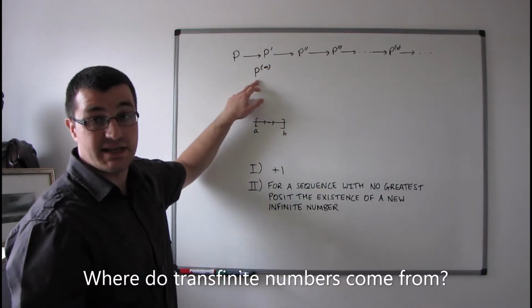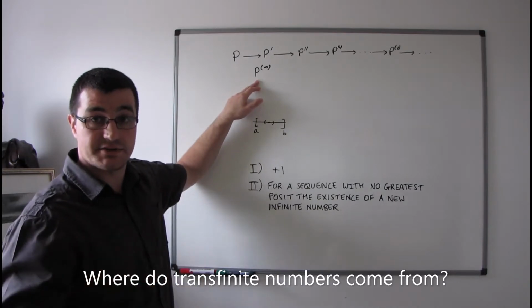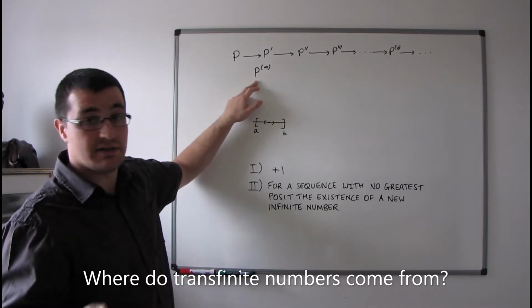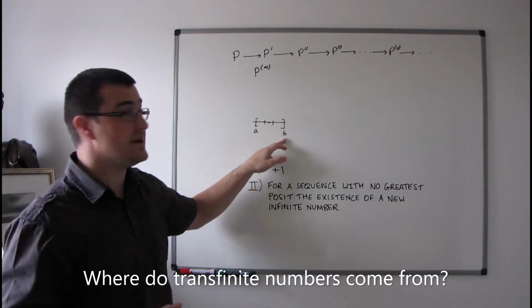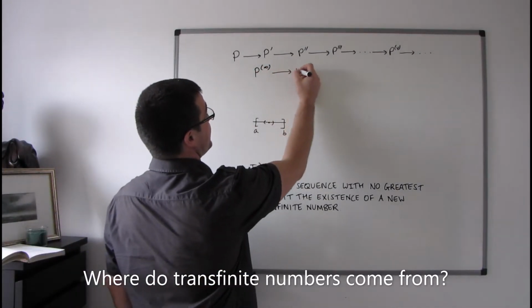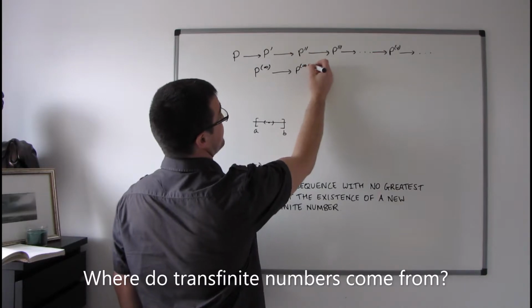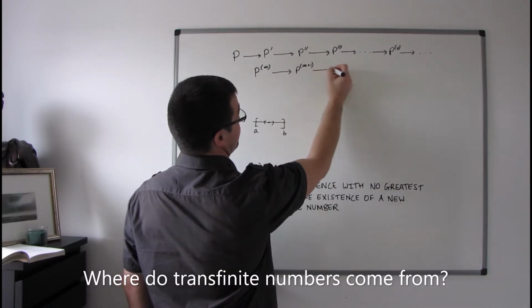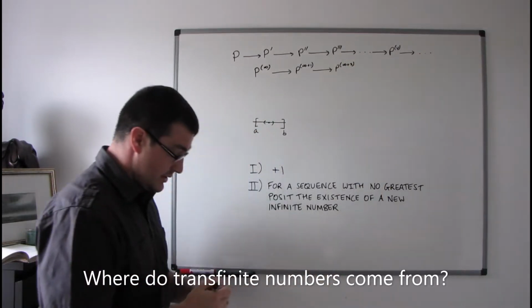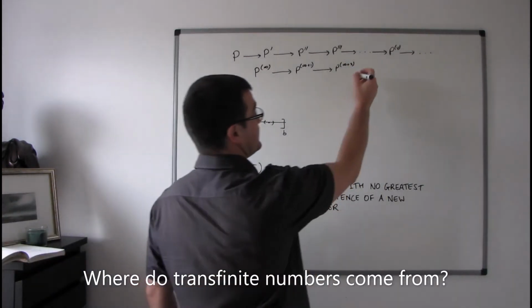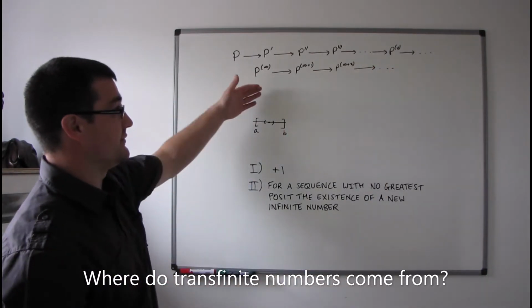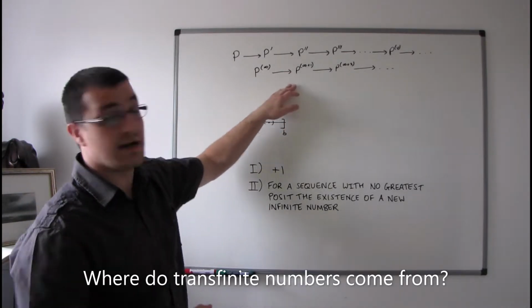So again, P infinity might be finite, in which case the process terminates, or it might be infinite, but it's still an aggregate of points from the finite interval AB. So there's no reason why we can't just continue this process and get P infinity plus 1 and P infinity plus 2, and we just continue until the case arises that we get a finite aggregate for one of these derived aggregates.